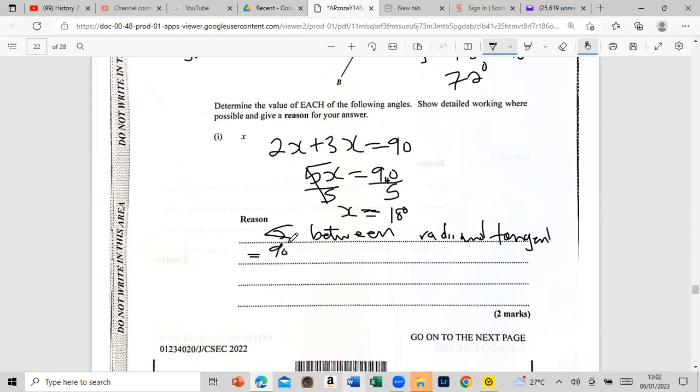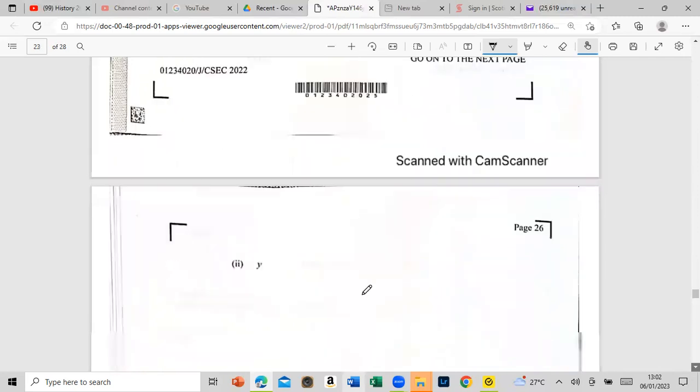All right, so that's the first thing. And the next one for y, I worked out y already. Y equals 72, I think. Yeah. And the reason is that angles in a triangle add up to 180 degrees. It's so difficult to write, guys, with this. I'm not going to lie, it's very, very difficult.